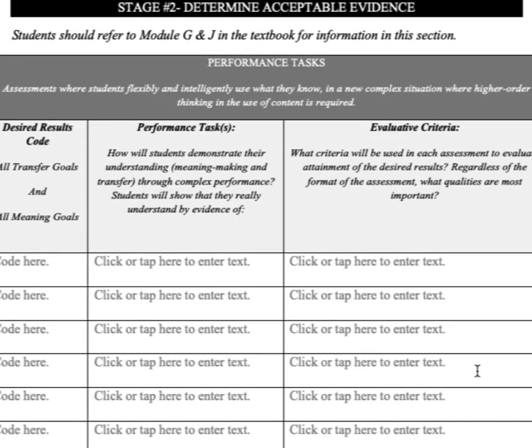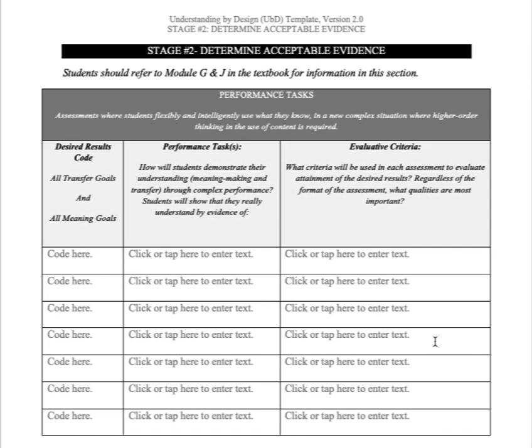This must go well beyond any sort of multiple choice quiz, but it needs to be an actual real-world example for the students to be able to demonstrate how they're going to use the knowledge that they have gained in a real-world situation. So basically, how are they going to be able to transfer the knowledge that they used outside of the regular classroom?